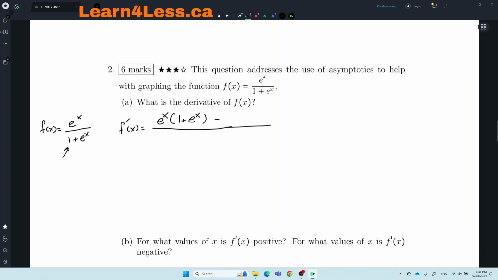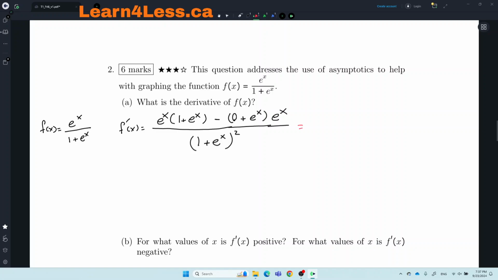The derivative of 1 is 0, plus the derivative of e to the x is e to the x, times the top, which is e to the x, over the denominator squared, the whole thing squared. So this would be f prime of x.